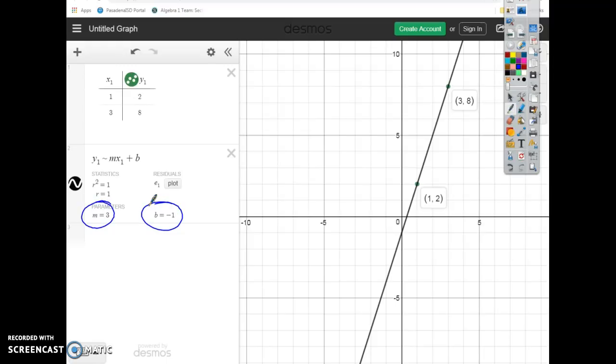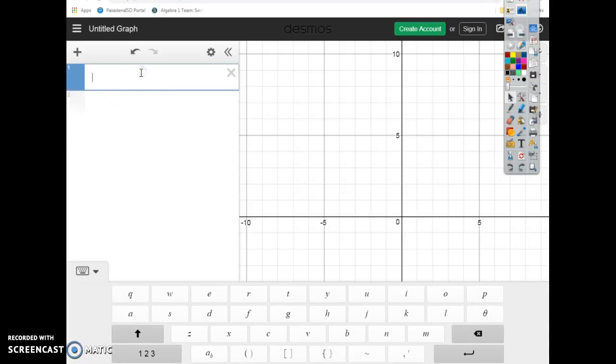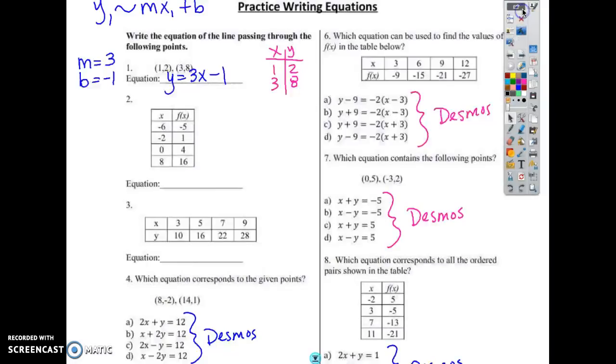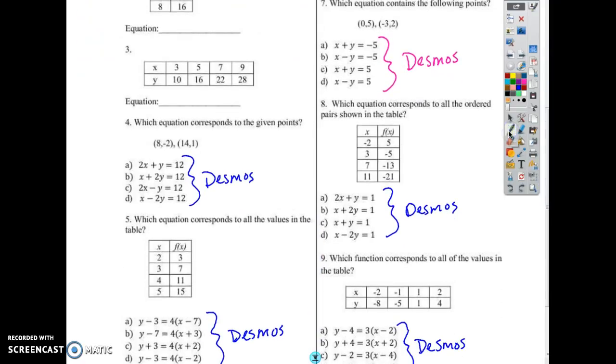So you're going to do the same thing for number 2 and number 3. On number 4, those are standard form equations, so we're going to have to type those in here. So I'm going to have to exit both of these and type letter A. So right here, I'm in problem 4, and I'm typing letter A first. 2x plus y equals 12.